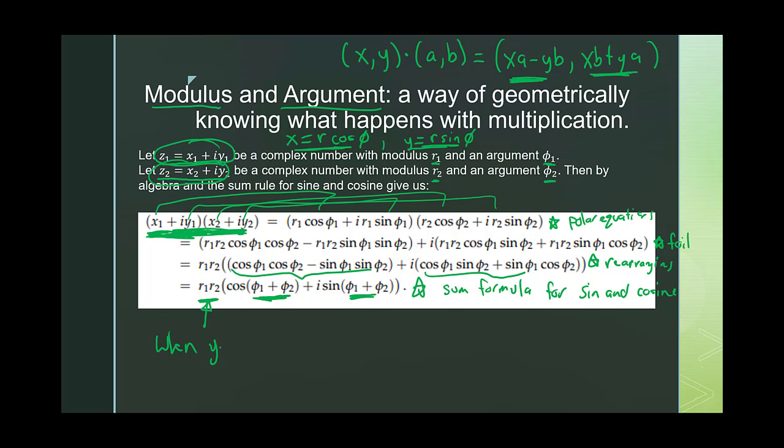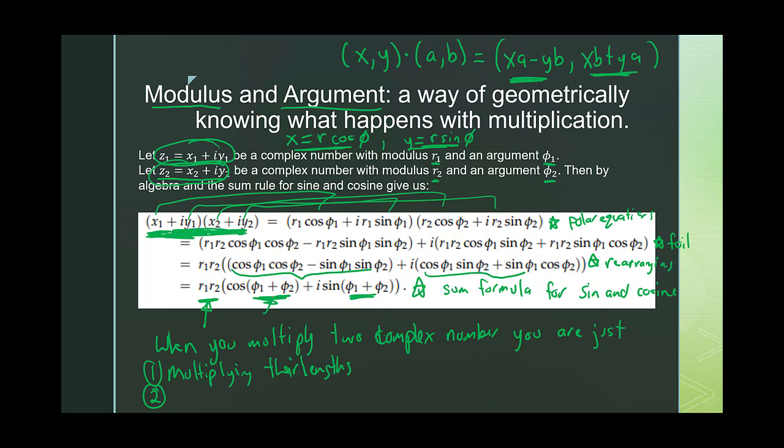When you multiply two complex numbers, all you're really doing is, one, multiplying their lengths, and two, you're adding their arguments.